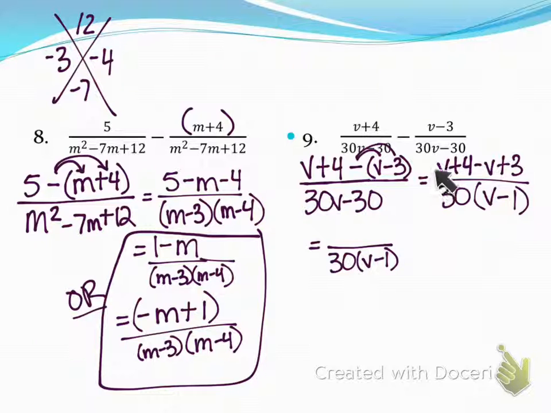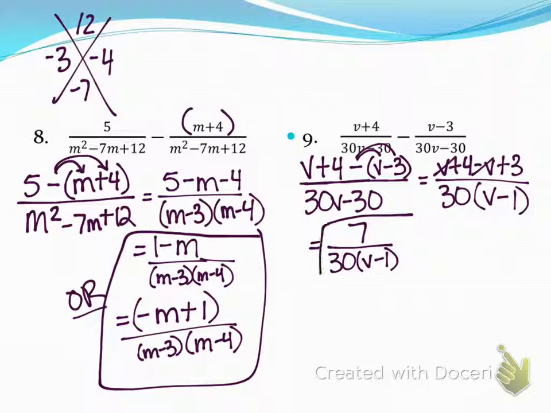In my numerator, I have V and a negative V. What do those do? They cancel each other out. A positive and a negative of the same thing cancels out. So I'm left with positive 4 plus 3. 7. Will the 7 and the 30 reduce with each other?